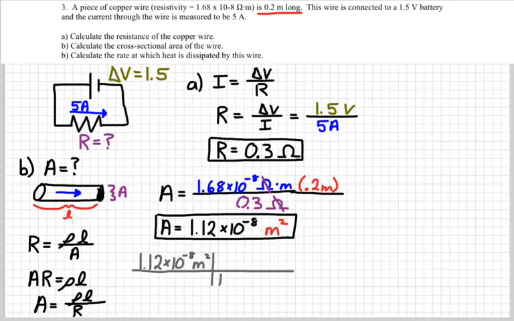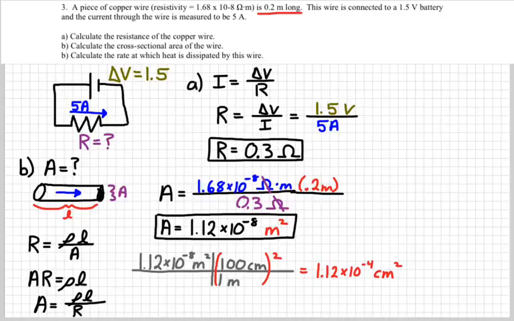So I know that in 1 meter there are 100 centimeters, but we want meters squared, so I'm going to take both sides of that and square it. When I multiply our answer by 100 squared, it gives me something a little more reasonable, like 1.12 times 10 to the negative 4th centimeters squared.